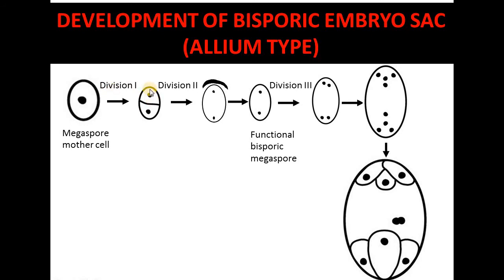This is micropylar, towards the micropyle, and this is towards the chalaza. So the chalazal will be functional and the micropylar will be degenerated. You can see in this diagram, this is the degenerated micropylar dyad part or cell, and this one is the active part or functional part, which is going to be divided by meiosis 2.